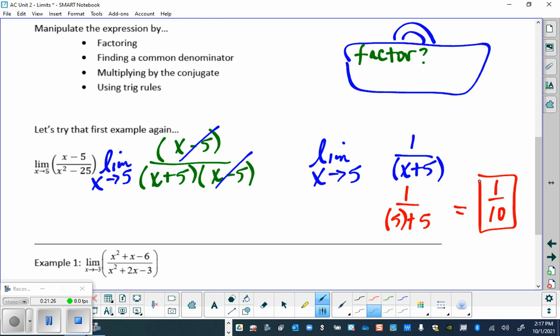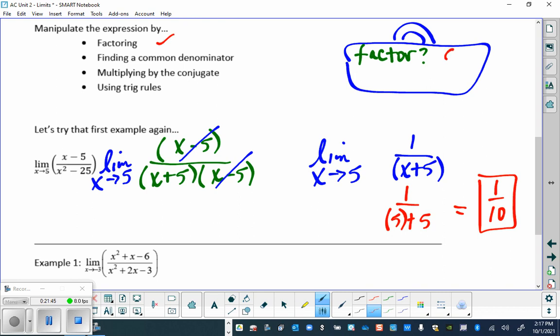So you'll remember from your study of rational functions that this represents where there's a hole, where that value is undefined, and I can factor it out. So factoring is just one of our options.